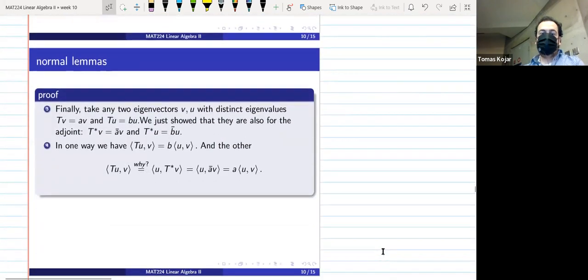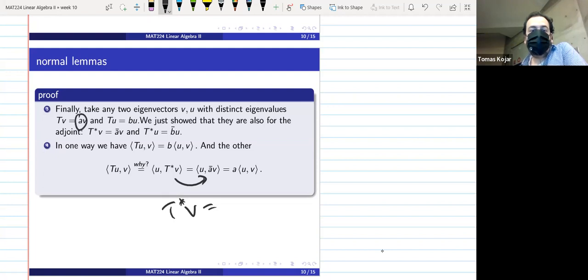And then I use what we just proved, namely that T star v is equal to the conjugate of the eigenvalue times v. And from here to here, you use conjugate linearity.